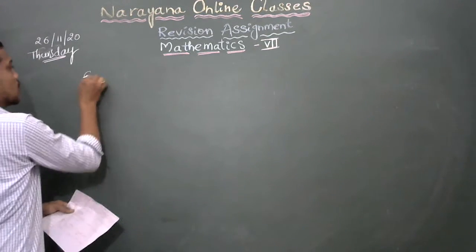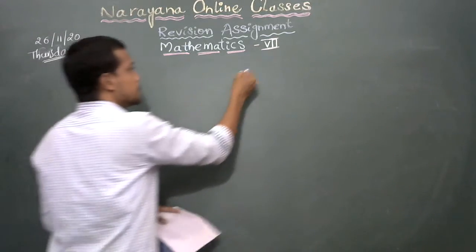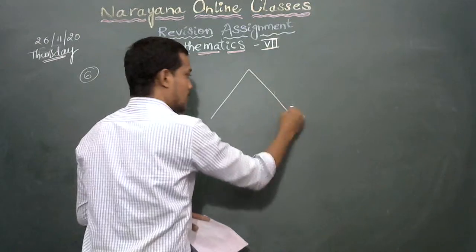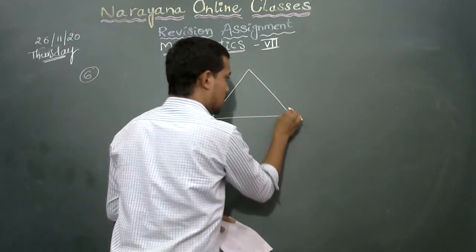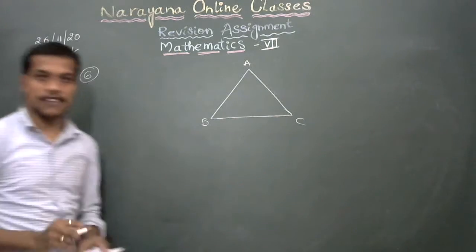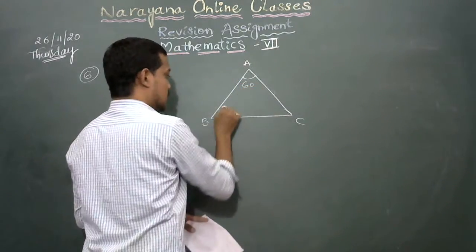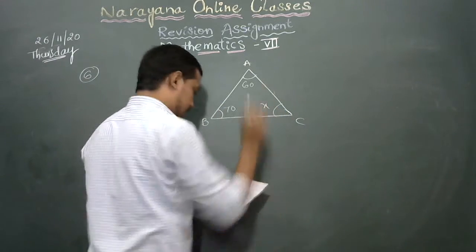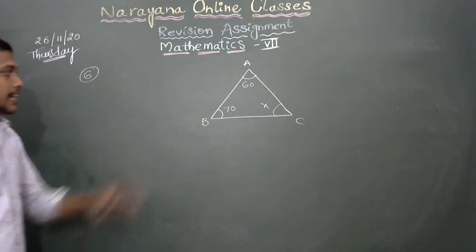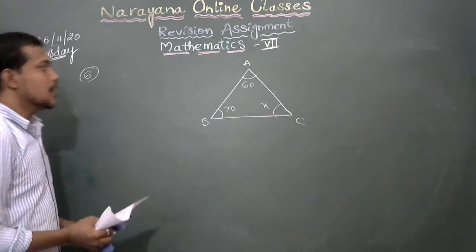Next, sixth one. So here given triangle ABC, with angles 60, 70, x. In this question we need to find the value of x.